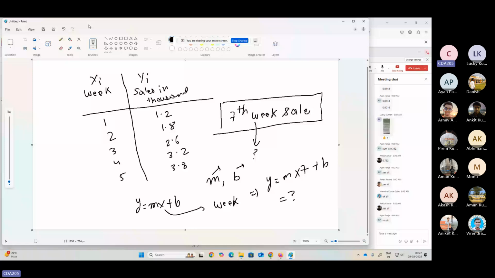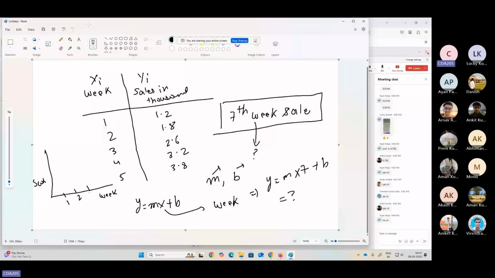So mainly what we are doing, we have an xy axis. This x shows what? That is the week, and this shows the sales. So 1, 1.2, it is 1, 2, 3, 4, 5.